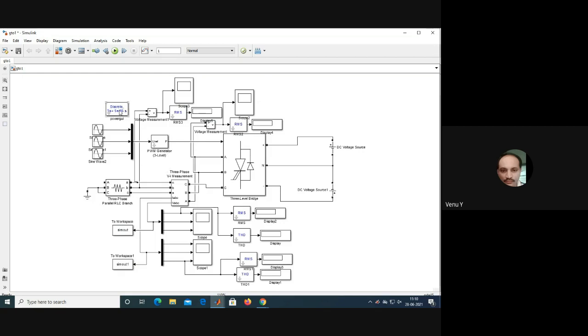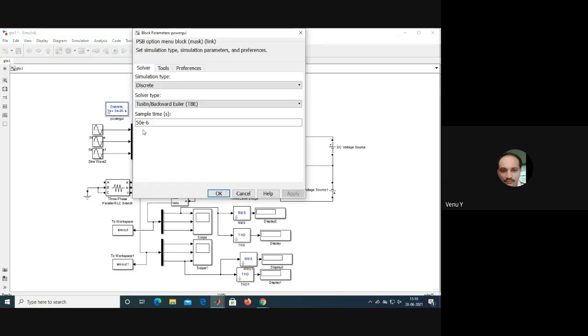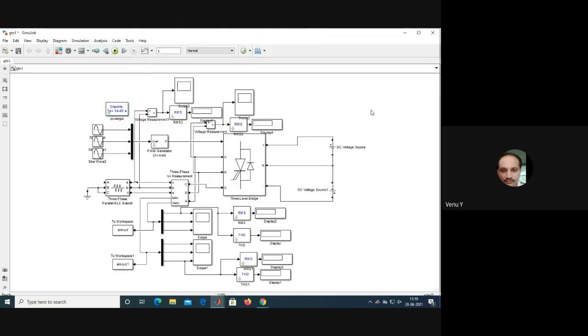You can use discrete type, 15 to e power minus 6. Now you can run this simulation.